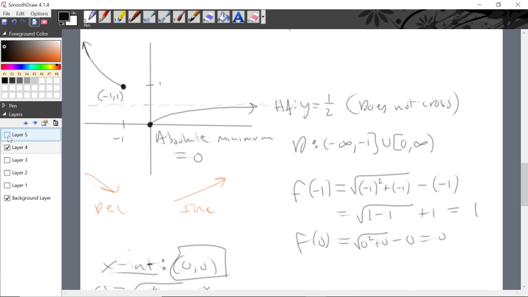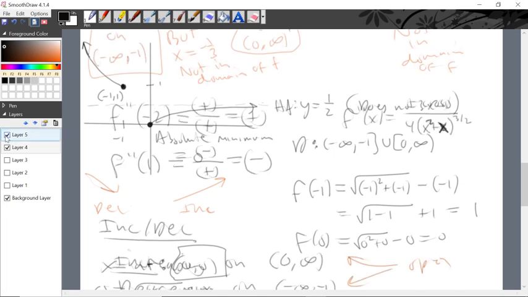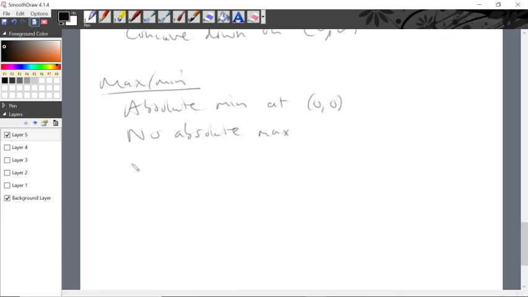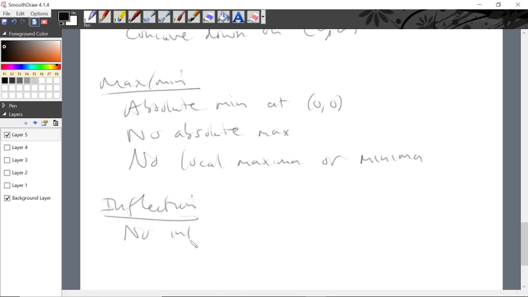How about inflection? We have concave up over here, concave down over here, but we don't have a point on a continuous curve where it transitions from concave up to concave down or vice versa. So for this function, there is no inflection point.